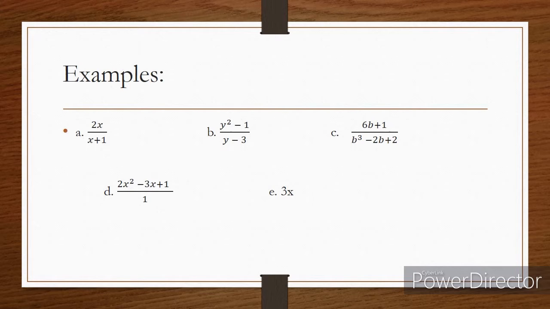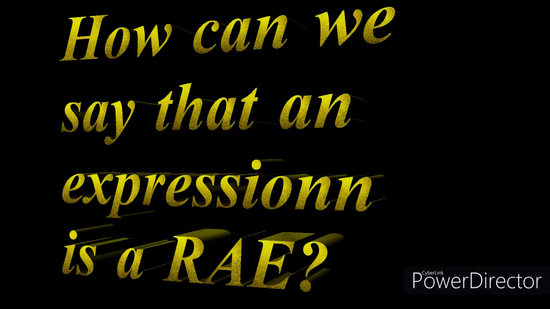D, 2x squared minus 3x plus 1 over 1. And E is 3x. So, lahat ng to ay example ng RAE, where the denominator of the fraction is not equal to 0. How can we say that an expression is a rational algebraic expression or RAE?